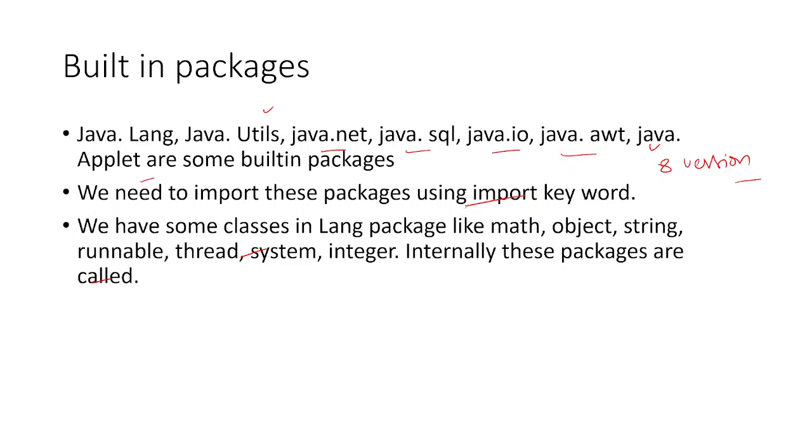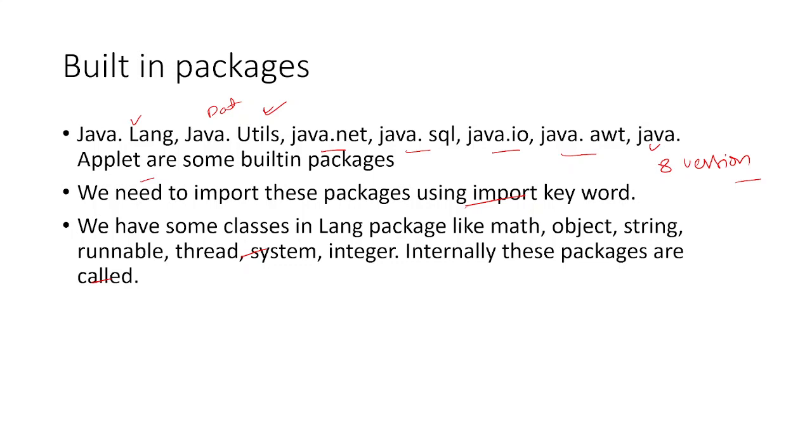The main thing I need to specify is that each package has a different use. The lang package is used to perform some mathematical operations, whereas the util package is used for data structuring.